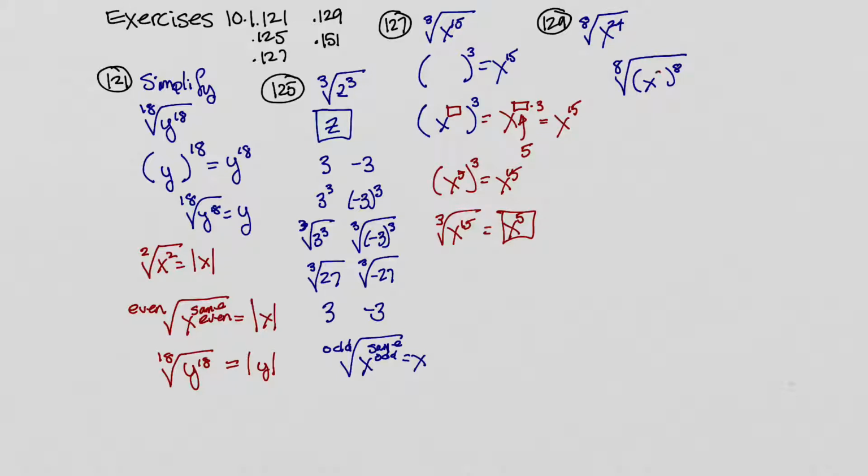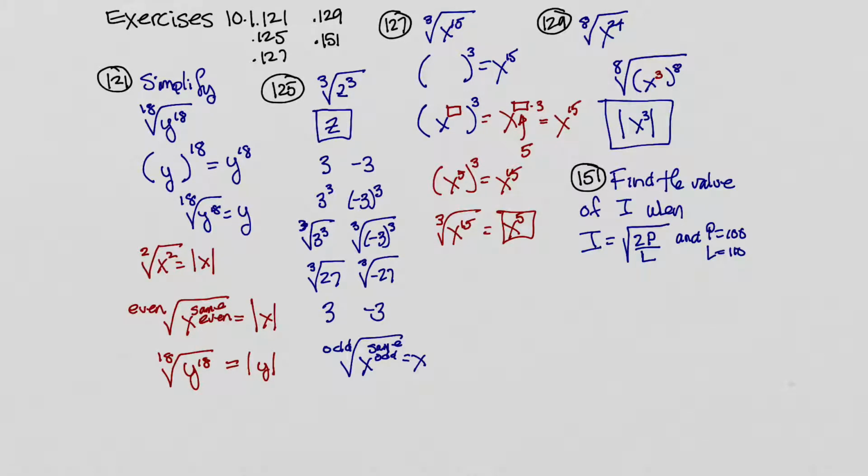So we're going to put a 3 here. And then we're going to conclude this. Now because we have an even numbered index and that same even number, we need to write the absolute value. So this is going to turn out to be now, this will be the absolute value of x cubed.